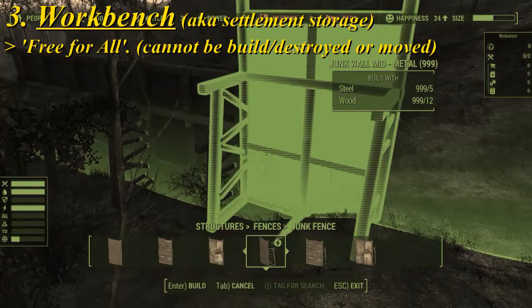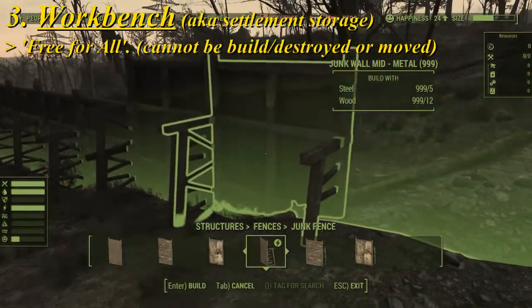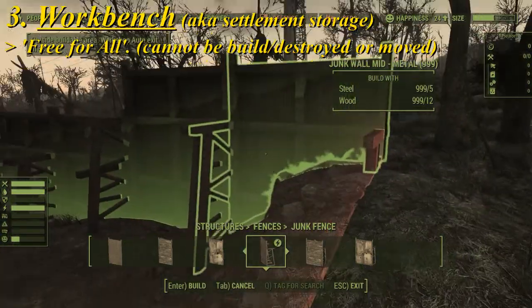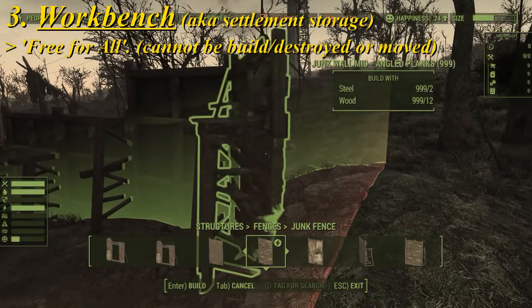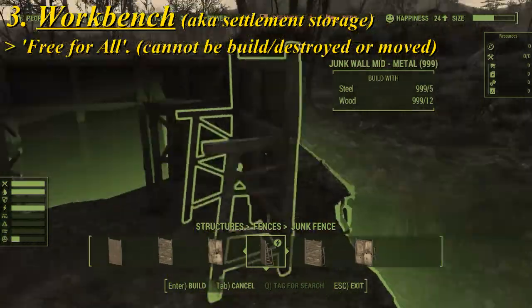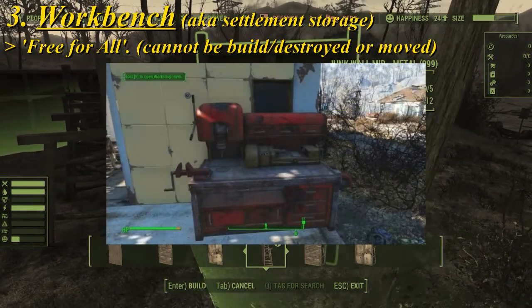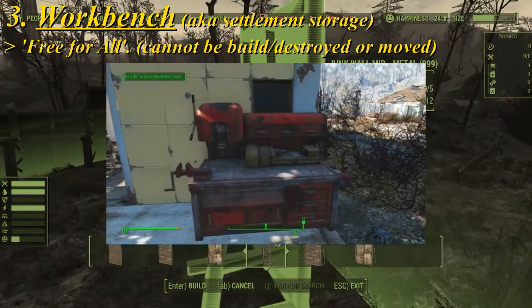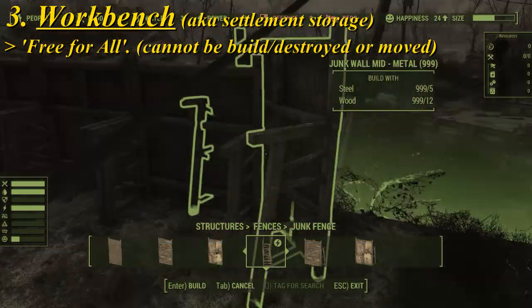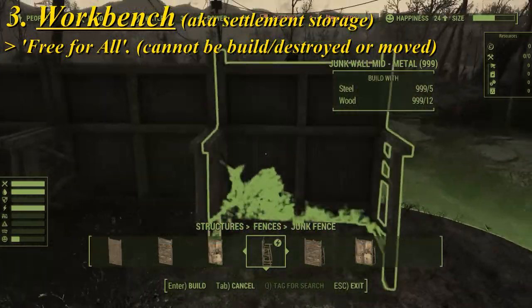They exist, one in every settlement, and for those who've played the game before, I'm pretty sure you know what they are. Those are the very workbenches that you interact with at every settlement. So you can't build them, you can't destroy them, not unless you have a specific mod for that, you can't move them. But they do come with some benefits and some disbenefits.